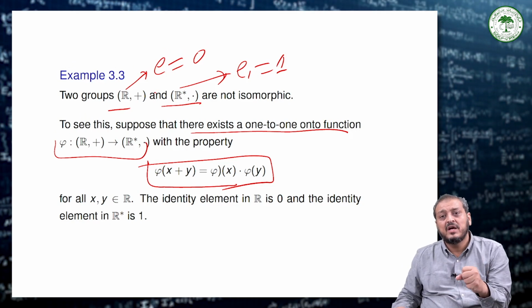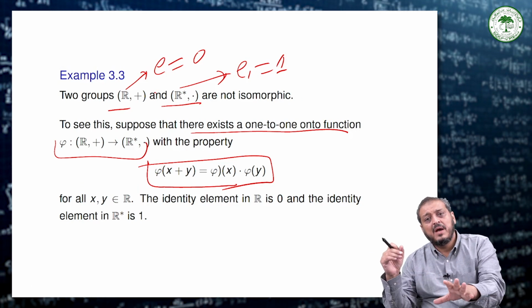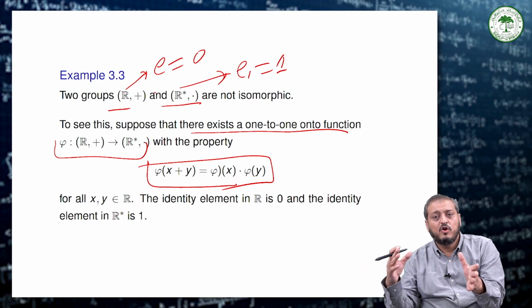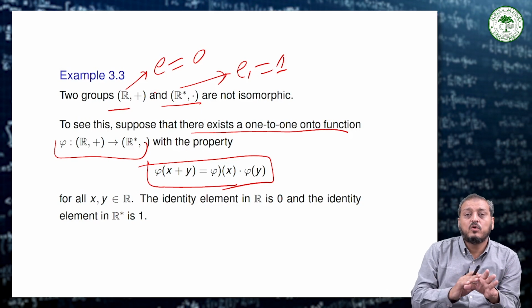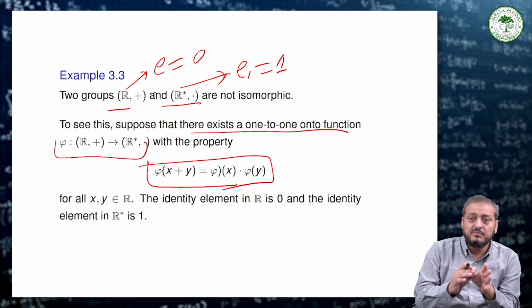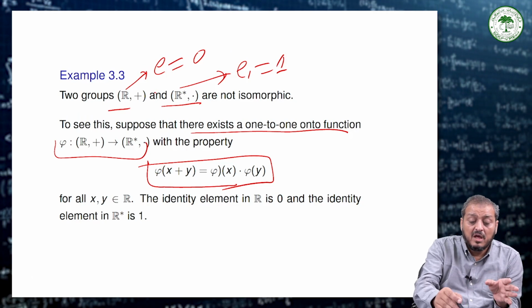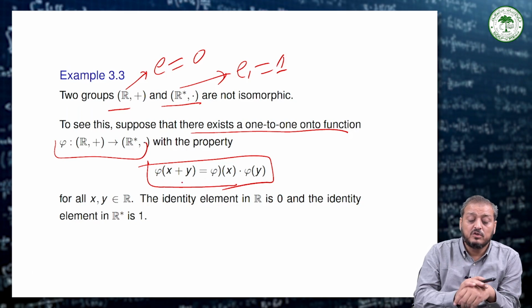So we suppose that there does not exist some map which is one-one and onto, or which is bijective and a homomorphism. So we just suppose there exists a one-one onto homomorphism phi from R to R star, with the property that, because this is under addition, phi of x plus y is the same as phi of x into phi of y.